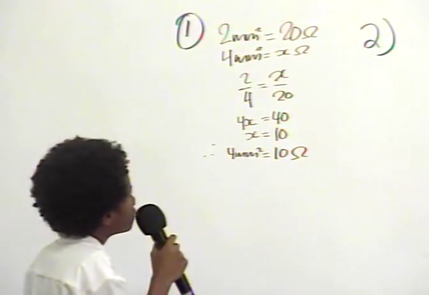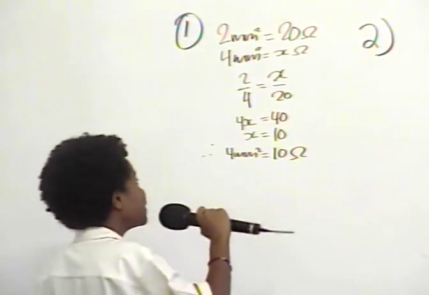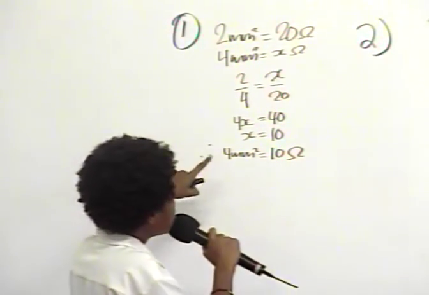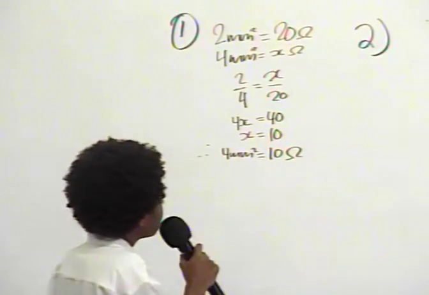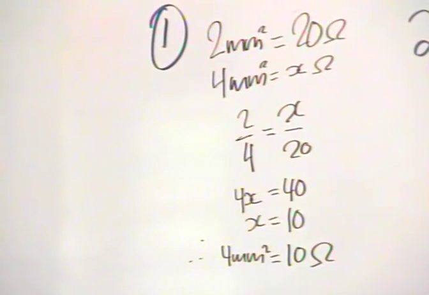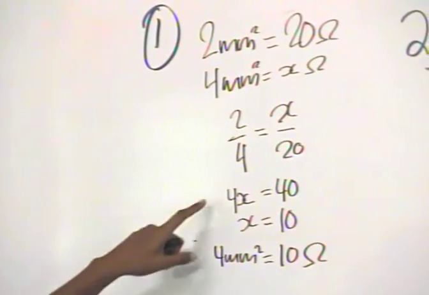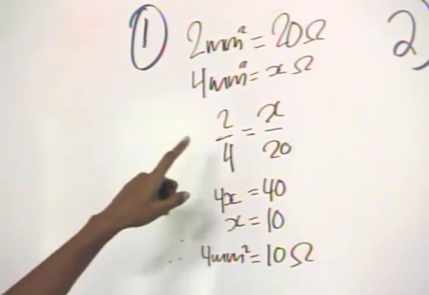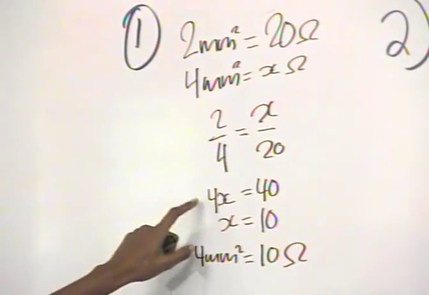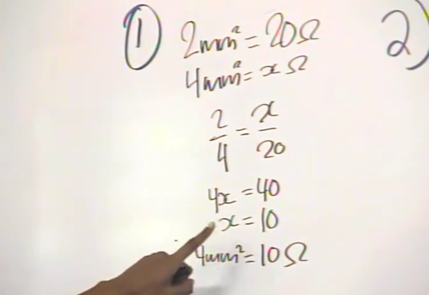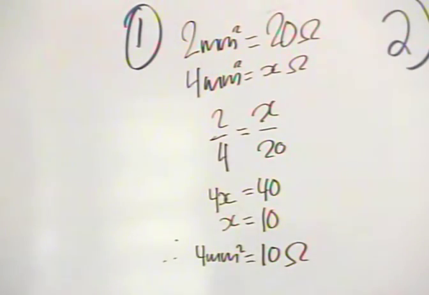Because when the cross-sectional area increases, the resistance decreases, so it's inverse. Therefore, you have 2 on 4, and the inverse x on 20, and 4x equals 2 times 20, which is 40, so 4x is equal to 40, and x equals 10 ohms.